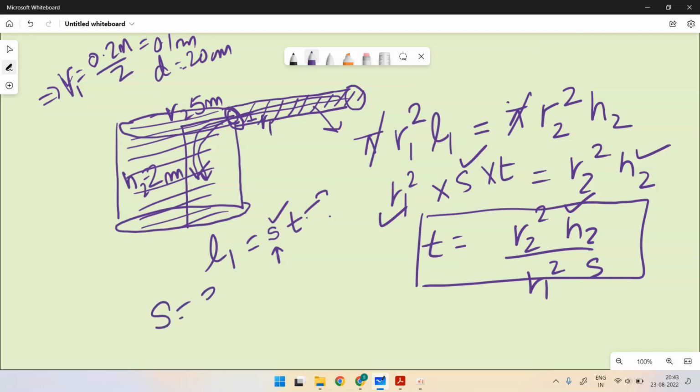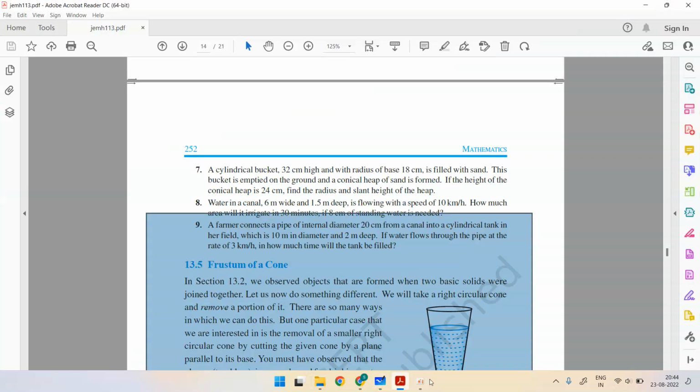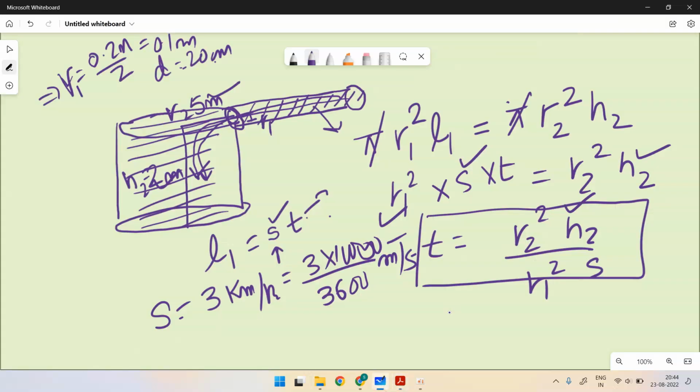S is 3 kilometer per hour, equals 3000 upon 3600 meter per second, because every unit needs to be the same. I have converted the radius of the small pipe into meter, 0.1 meter. This is in meter, so this must be in meter per second. Solve this and you will get the answer. Thank you for this lecture.